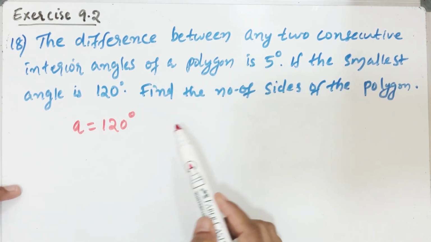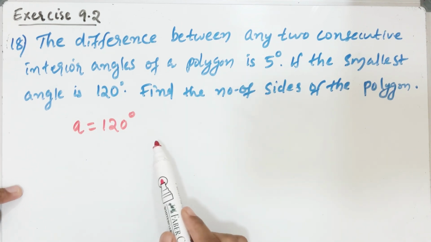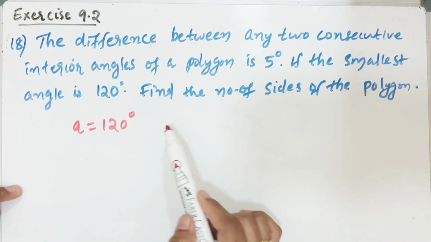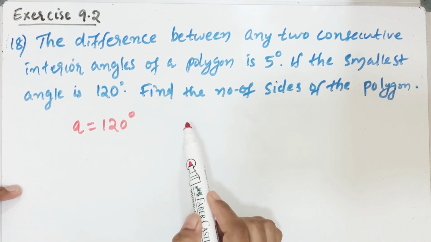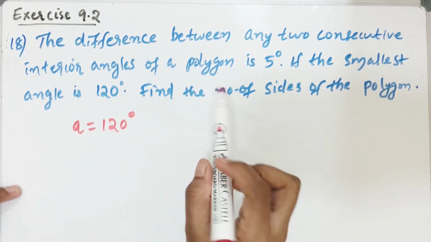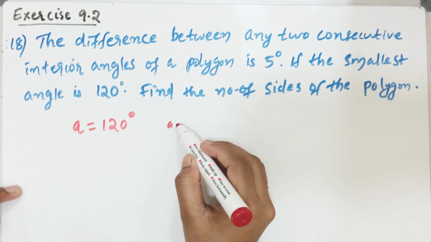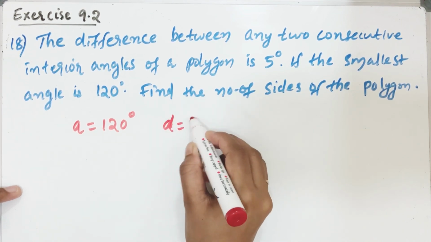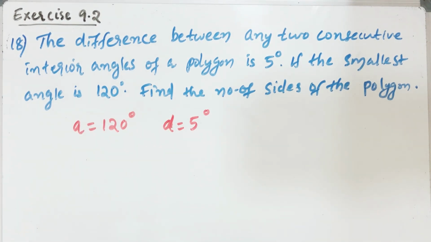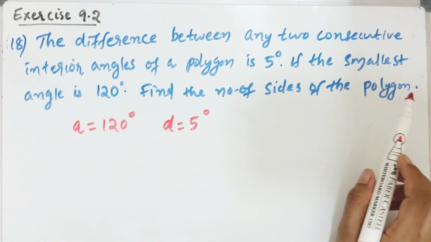That is any two consecutive angle, the difference is 5 degree. So we can take second term as 120 degree plus 5, the difference is 5, so it is 125. Second term is equal to 125. Or we can say common difference is equal to 5 degree. We have to find the number of sides of the polygon.